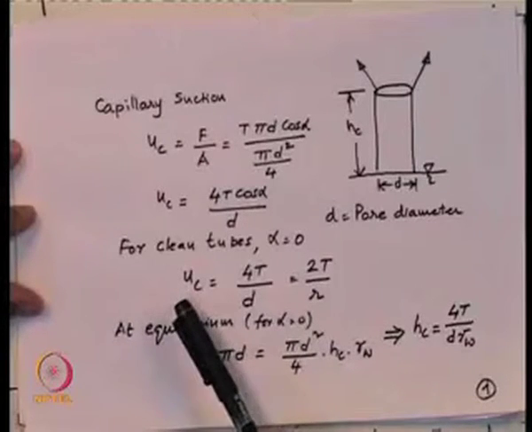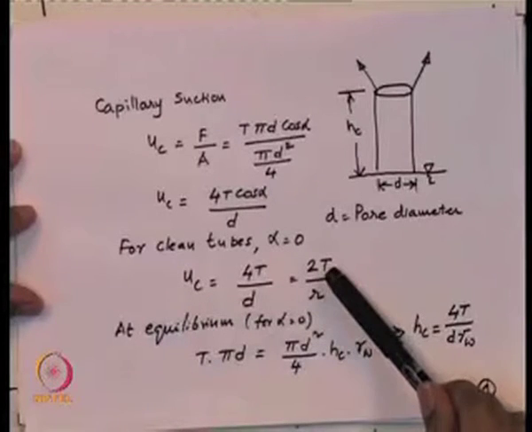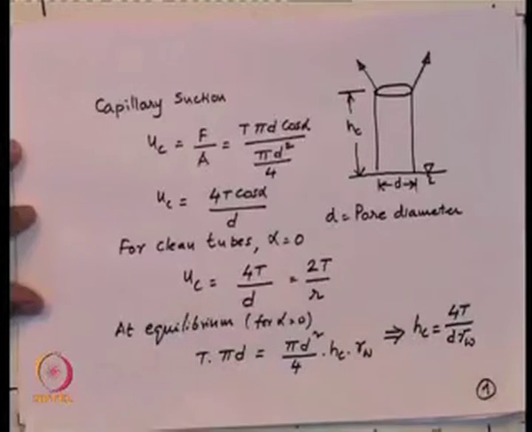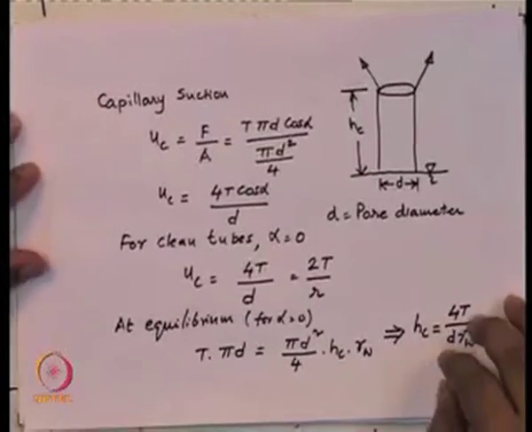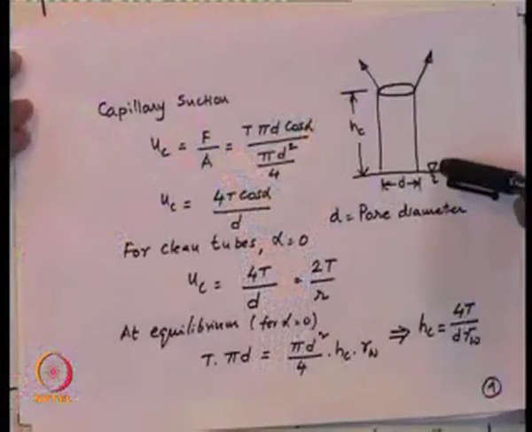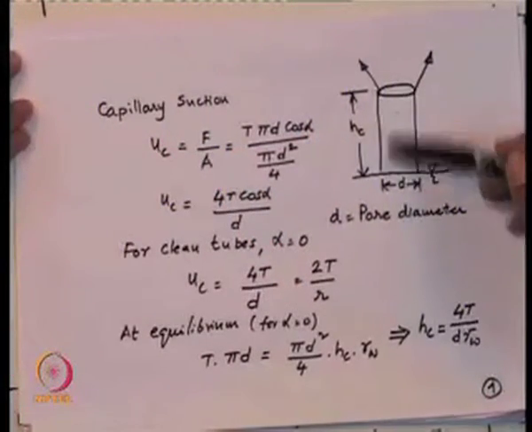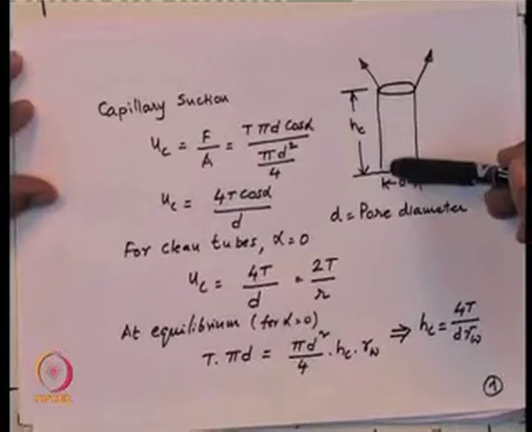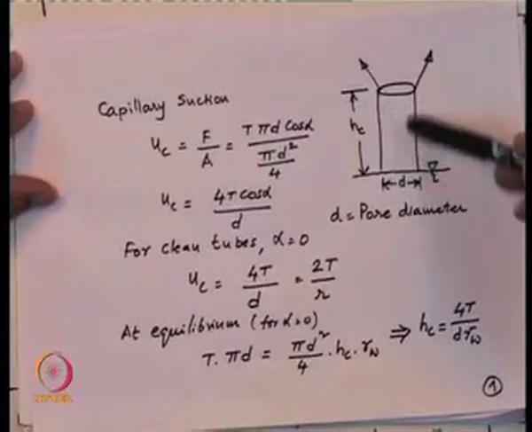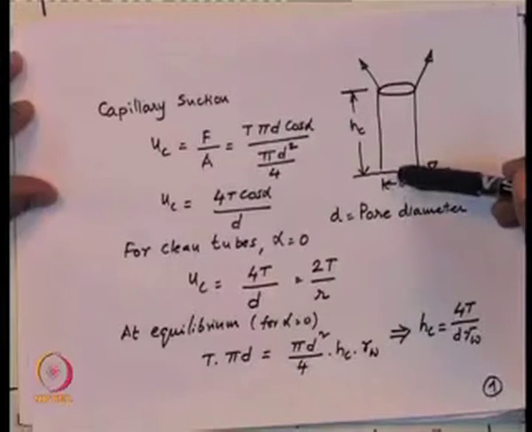You can see here uc, that is capillary suction, is higher for fine grained soils. Now we can also use this further to calculate the capillary height, that is, the rise of the water from the groundwater table. So here the weight of the water is acting downwards. The weight of the water is pi d squared by 4 into Hc.